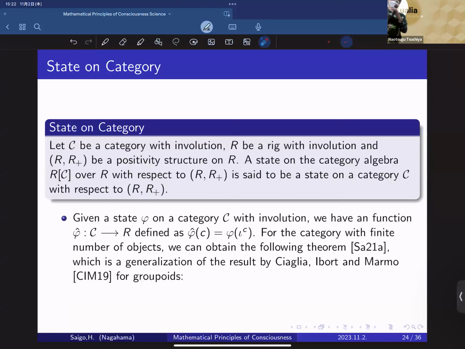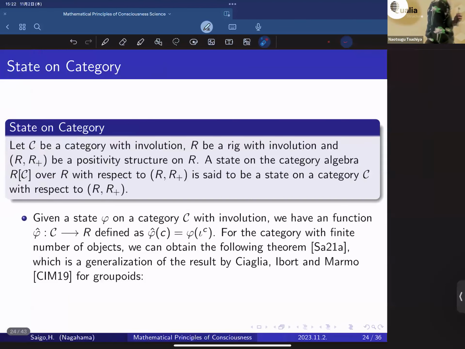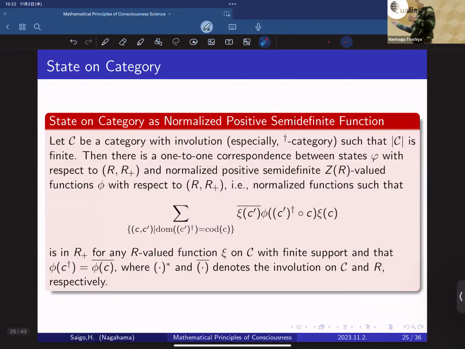But in some sense, it can be abused as a state on a category because we have this kind of theorem, which seems to be complicated, but it just says that to define the state is equivalent to define the weight on arrows, which has some kind of positivity conditions.